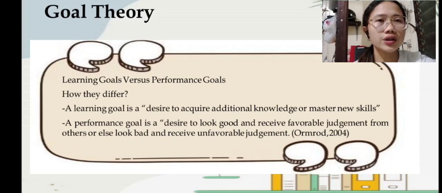Goal theory is an overall approach to motivation that emphasizes the need to establish goals as intrinsic motivation. The student with a learning goal is mastery focused, while the student with a performance goal is performance focused.